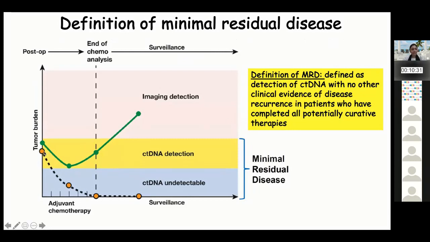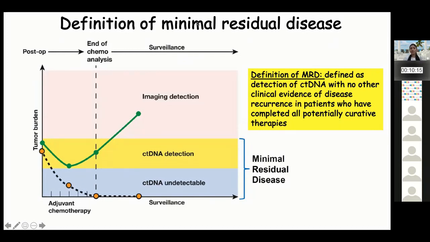And you can see here from this slide, in terms of tumor burden, once a patient actually has had surgery, you can have either the ctDNA becoming undetectable, or there is still ctDNA present where these patients can actually do worse.